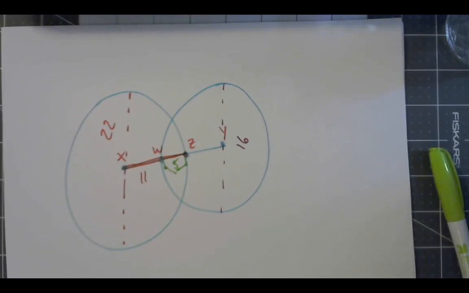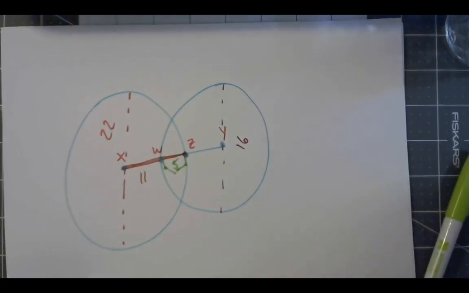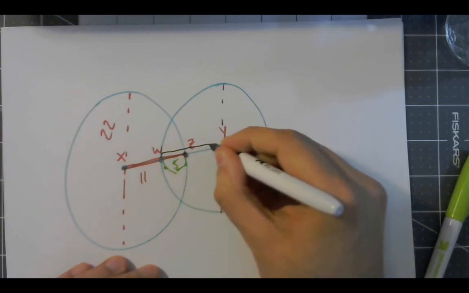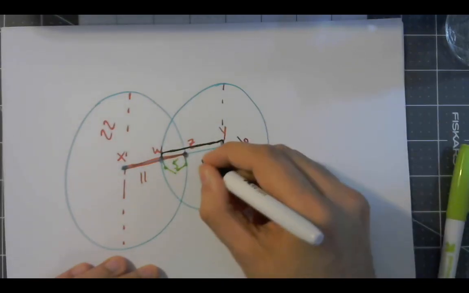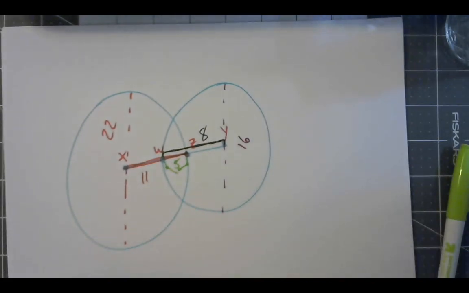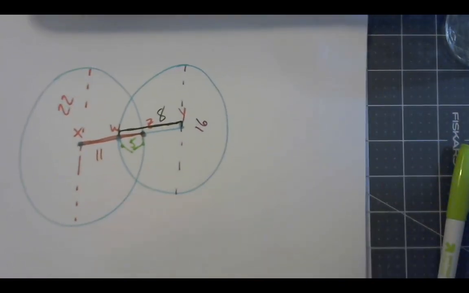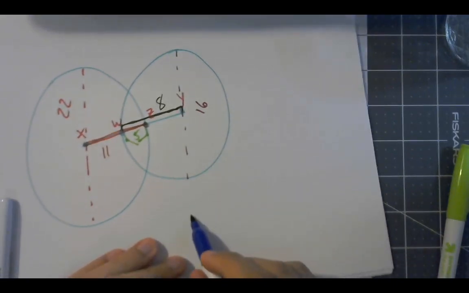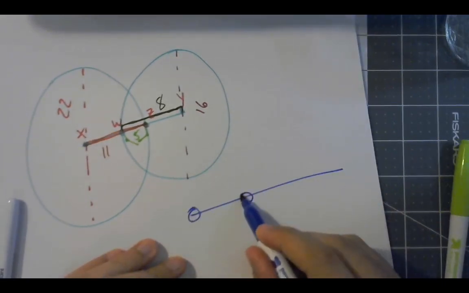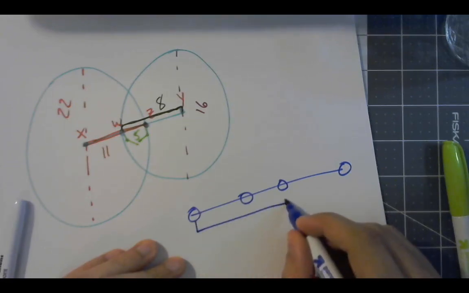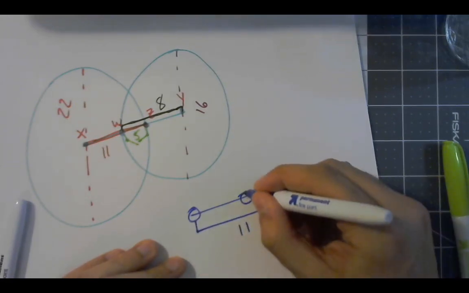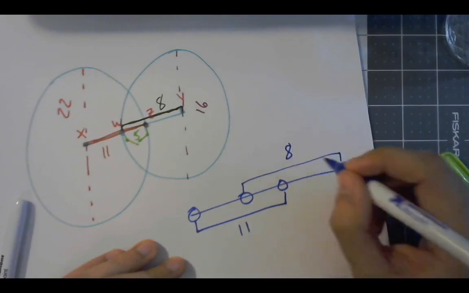Similarly, I know W to Y, let's mark it up here so we're not overlapping, is 8 units long. So let's redraw this over here so we have a little bit of clarity. So I know this is 11 units long. I know this is 8 units long.